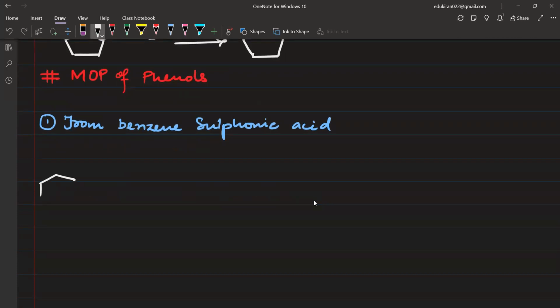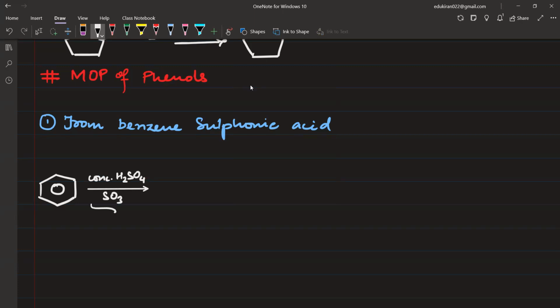For this, we will have to start with the benzene ring. And then I will add concentrated H2SO4 in the presence of SO3 gas.